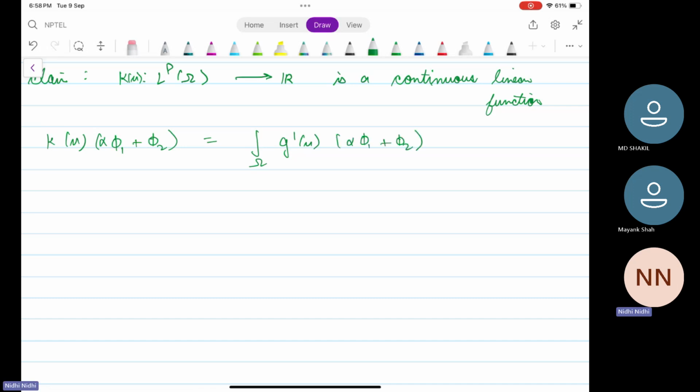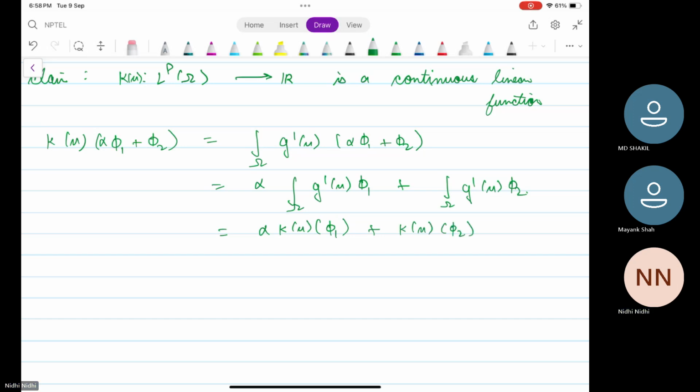So basically by linearity of the integral, I can write this to be α times the integral over Ω of g'(u) φ1 plus the integral over Ω of g'(u) φ2. This is α K_u φ1 plus K_u φ2. And then for continuity, we'll be using Hölder's inequality.